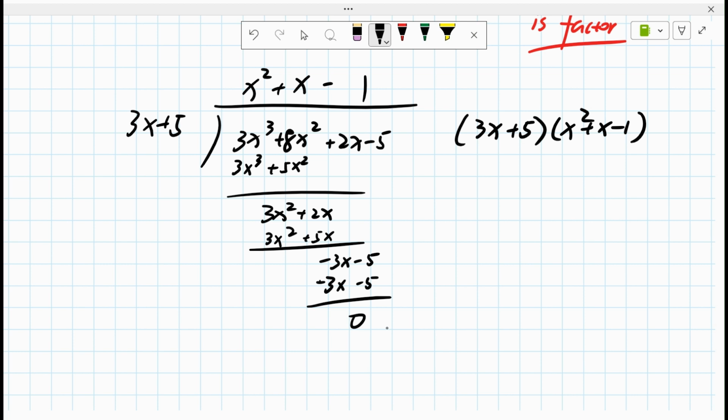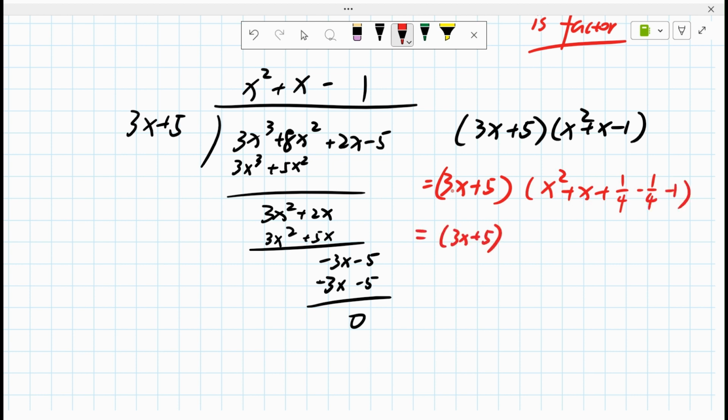For x squared plus x minus 1, we can do completing the square to show you. That's very good practice with completing the square. So we do x squared plus x plus 1 over 4 minus 1 over 4 minus 1. So that equals 3x plus 5 times x plus half squared minus 5 over 4.